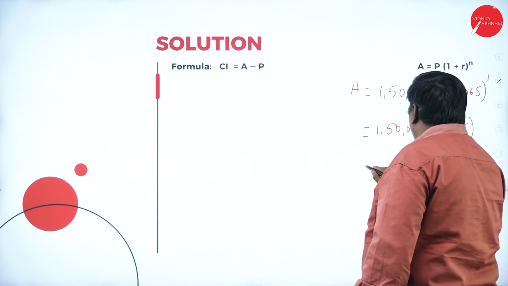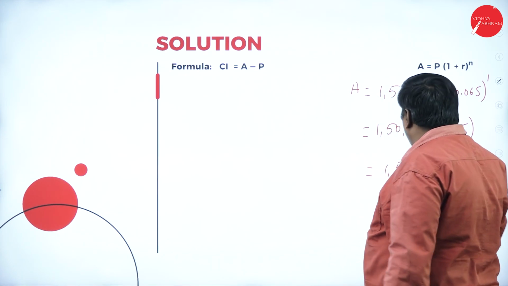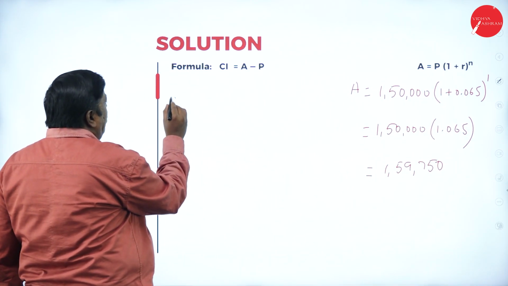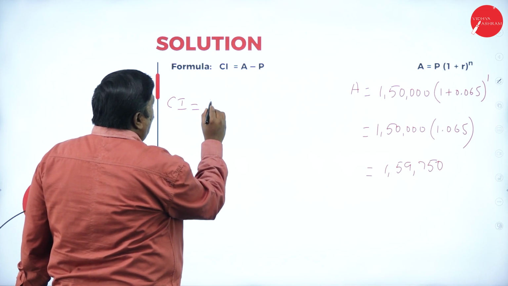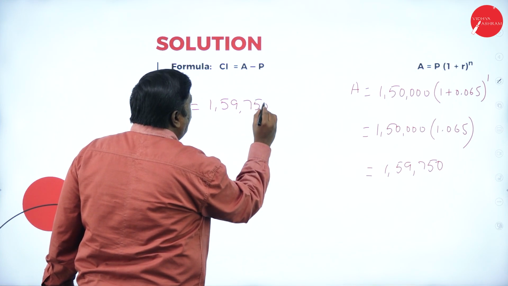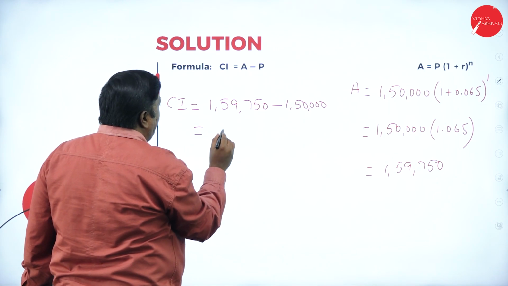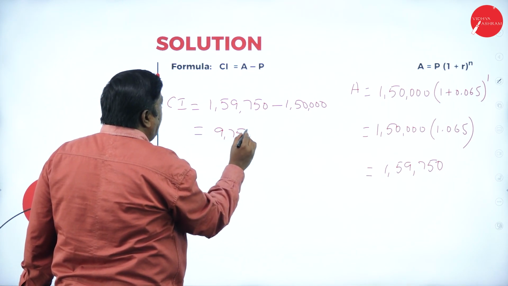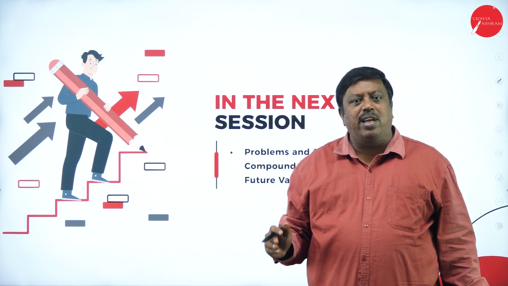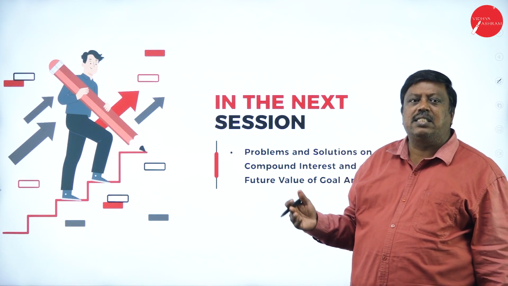So it is going to be 1,59,750. So now my compound interest will be 1,59,750 minus 1,50,000. The interest will be 9,750.